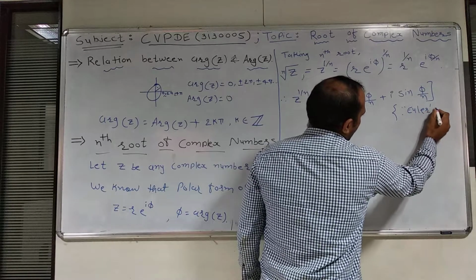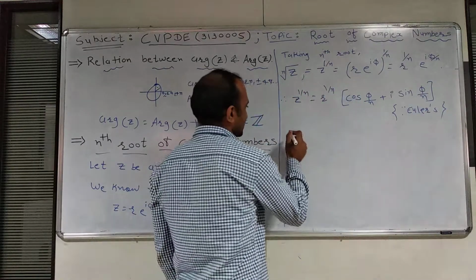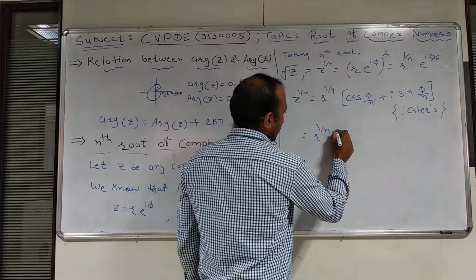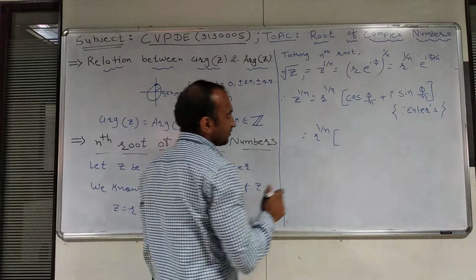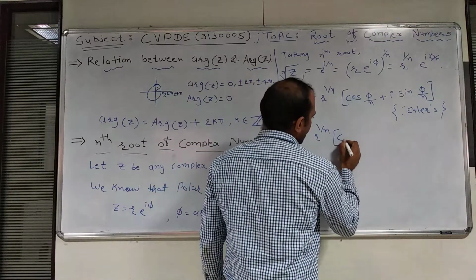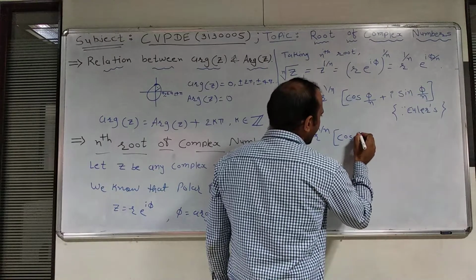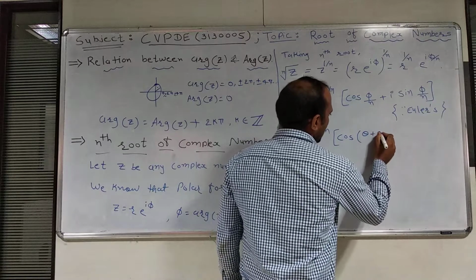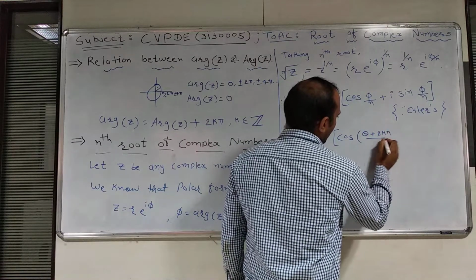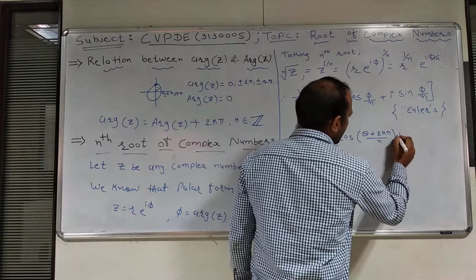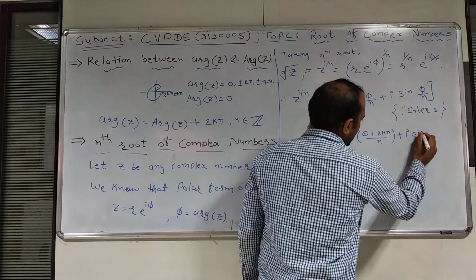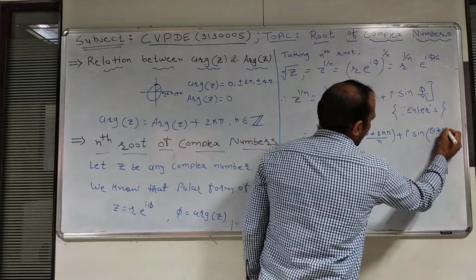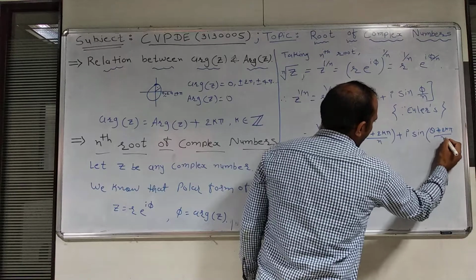So this equals R raised to 1 upon n times, using the relation between simple and principal argument, where theta is the principal argument, cos of (theta plus 2k pi) divided by n, plus i sin of (theta plus 2k pi) divided by n.